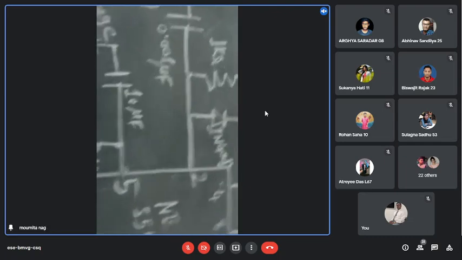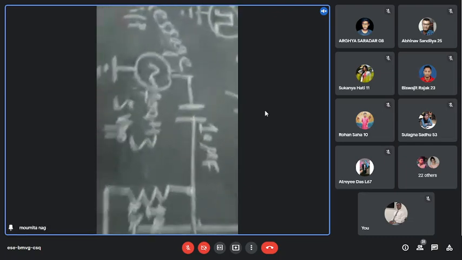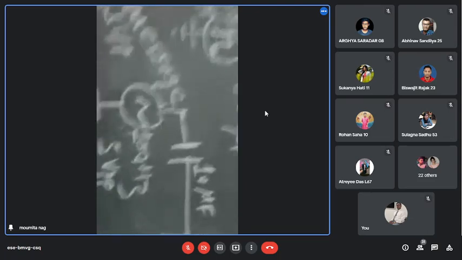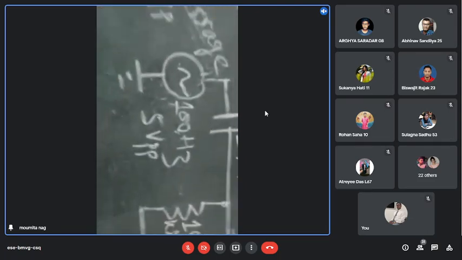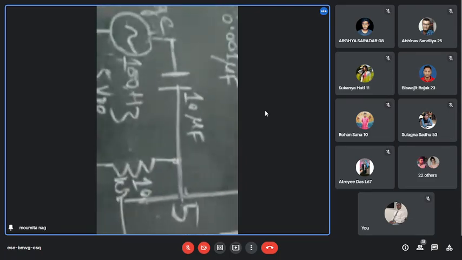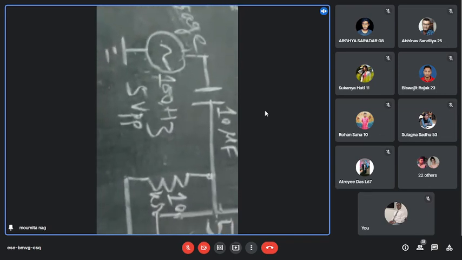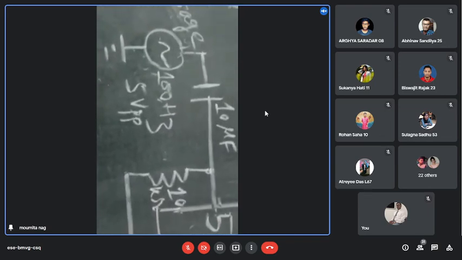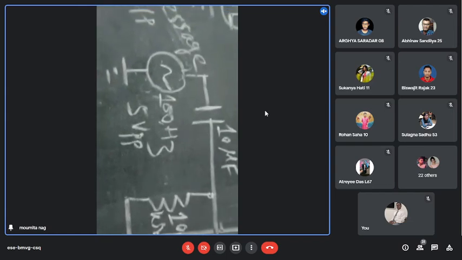At pin number 2, that is the trigger, one pulse is given as the carrier signal, and at pin number 5, that is the control input, the message signal is given.